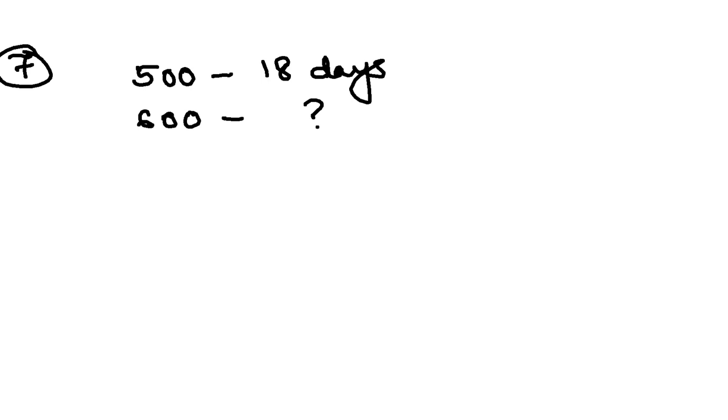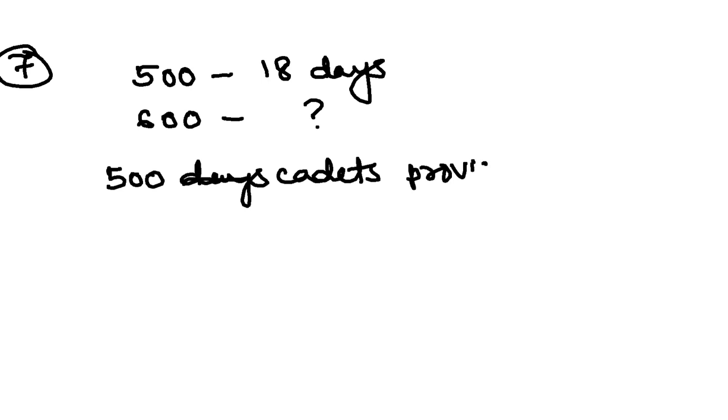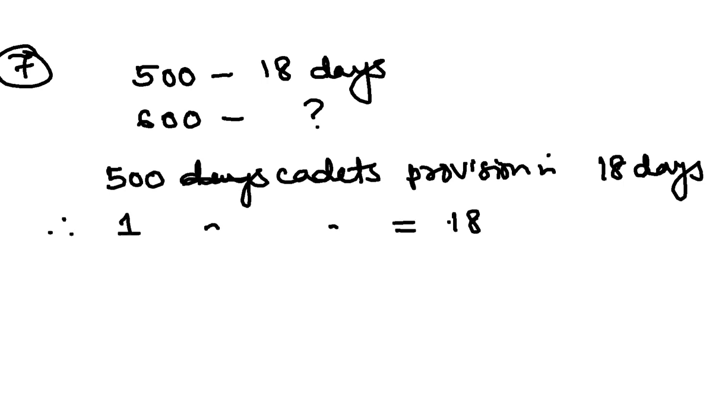So for 500 cadets, provision is for 18 days, isn't it? Therefore, for one cadet, provision will obviously be for 18 into 500 days. I'll multiply because it is inverse variation.